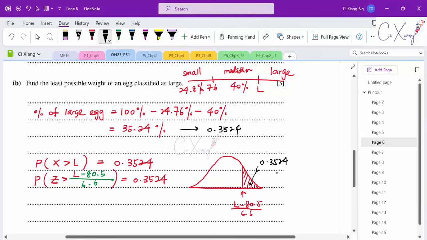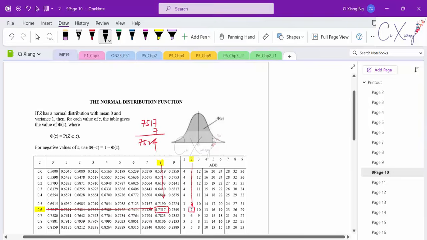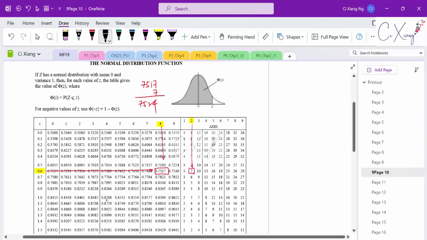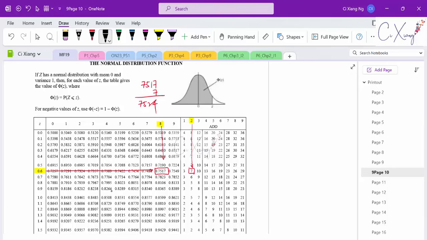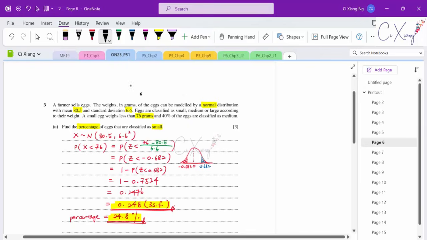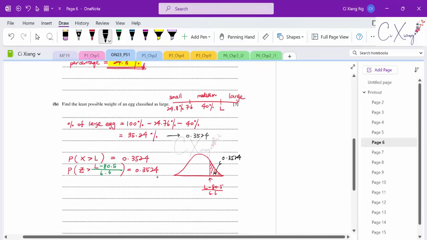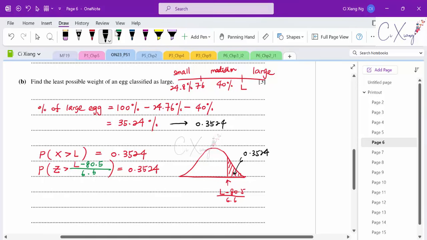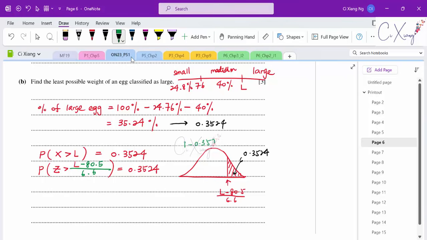If you observe 0.3524, this is a probability. If you look at your normal table, you won't see any 3524 in this part. All these are probabilities, so you want to find it backward. You realize there's no 3524, so how can you continue? Instead of using 0.3524, you should use 1 minus 0.3524.